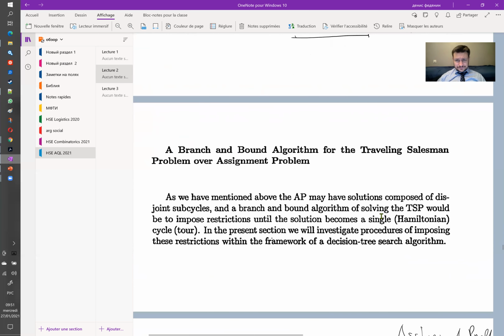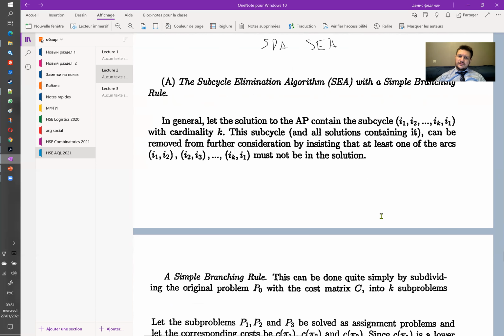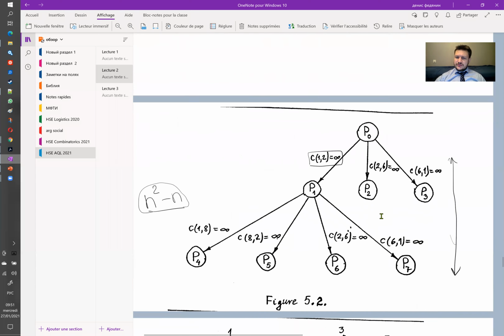Okay, and we just began to discuss the branch and bound algorithm for the traveling salesman problem or assignment problem. So there should be a sub-cycle elimination algorithm with simple branching rules.